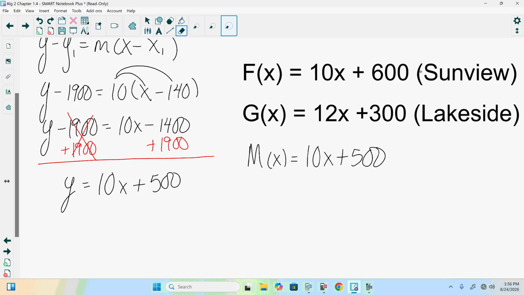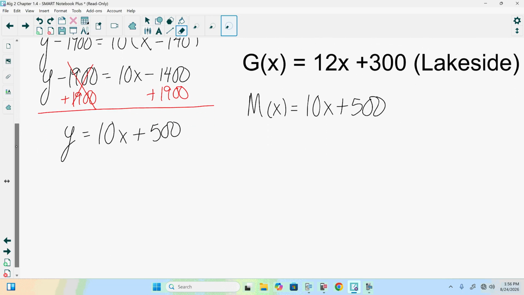We're really trying to figure out when Maple is cheaper than Lakeside, because Lakeside's starting amount is $300. Maple is $500. So if no students showed up, Maple is going to be more expensive. So we really need to figure out what is the point when they are the same, because once they're the same, anything after that should be cheaper.